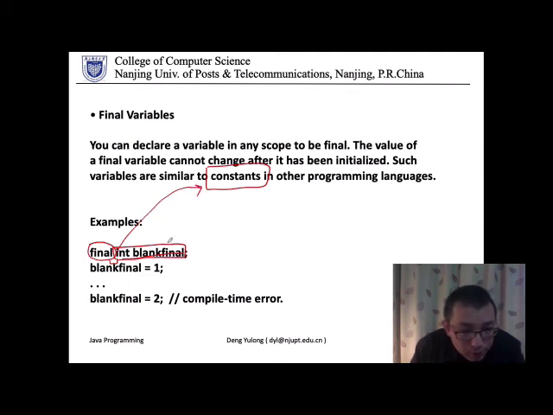The constant means we can give it a value, and once we have assigned a value to it, it becomes constant. So we cannot assign another value to it again. It is kept unchanged during the whole code. Once we define it and assign it, we will not be allowed to assign a new value to it again. It becomes a constant. We use a final variable to define a constant.